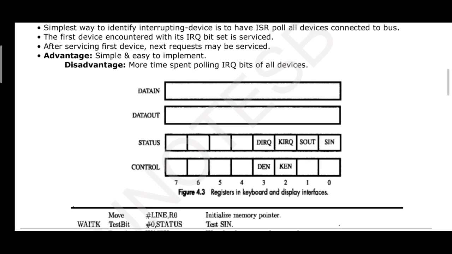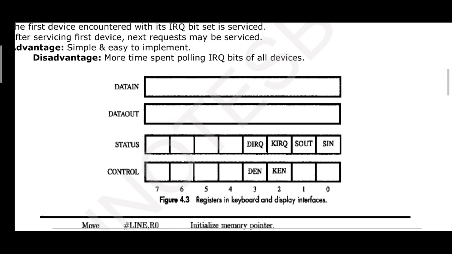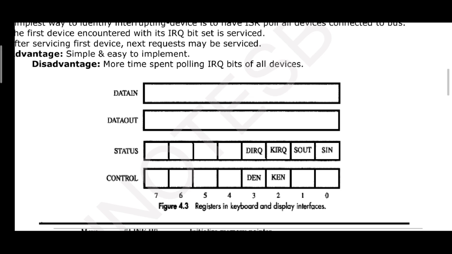You can see the registers in keyboard and display interface. One of the important topics, registers in keyboard and display interface. So DATAIN register, input register, DATAOUT register, so for input and output there. Apart from them, those buffer registers, it will be having status and control register. So 8-bit registers there. Right from LSB to MSB, bits are marked 0 to 7.